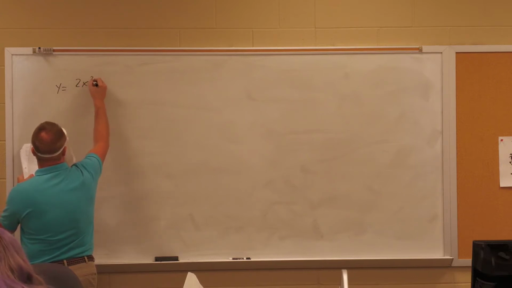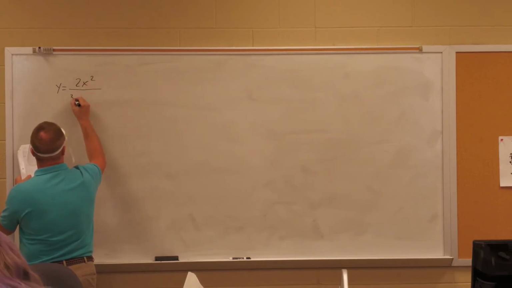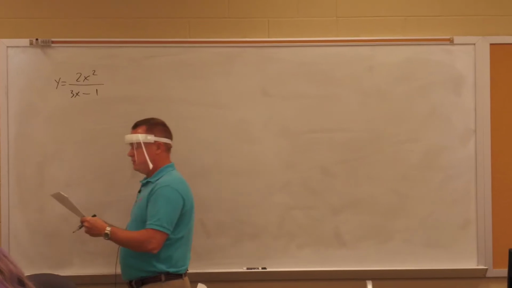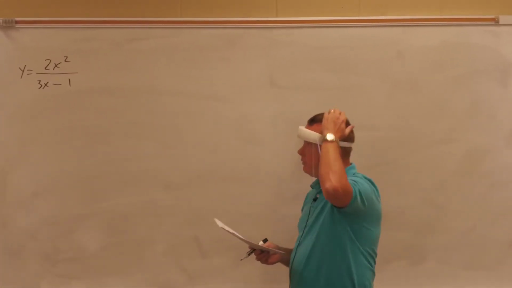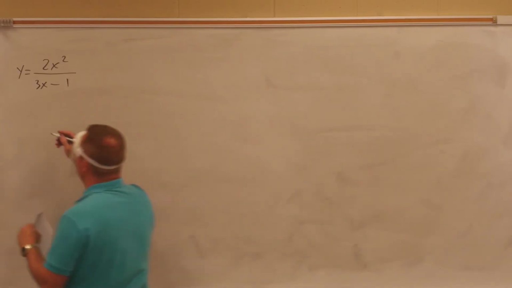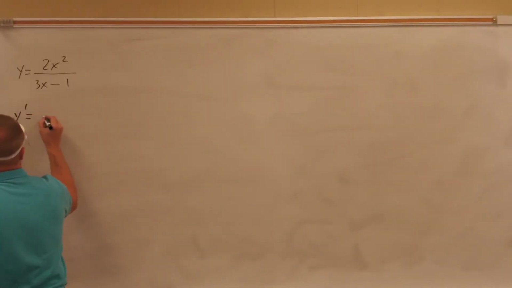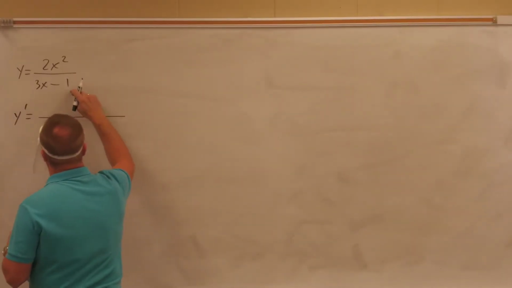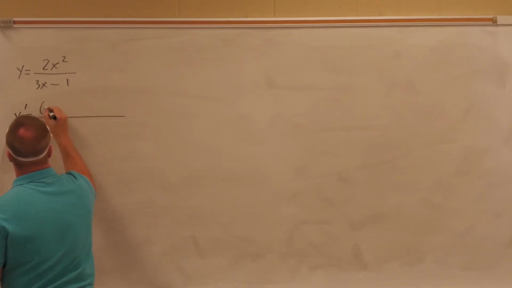We've got y equals 2x squared over 3x minus 1. Okay, so first let's find our derivative. We have a quotient. So the derivative is the bottom times the derivative of the top.